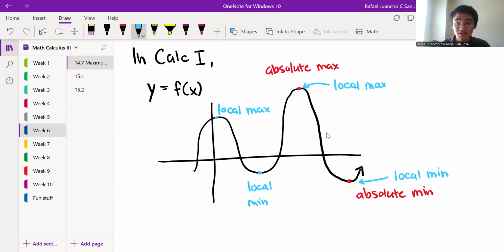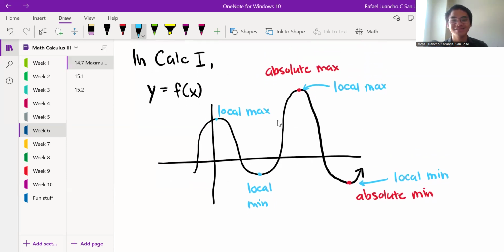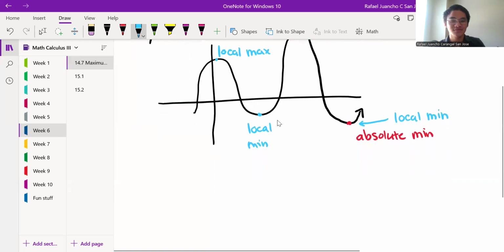Local maxes can be absolute maxes, and local minimums can also be absolute minimums. But not all absolute max and mins can be local max and mins, right? If you get what I'm saying. Yeah, that's the idea. So that's calculus 1.